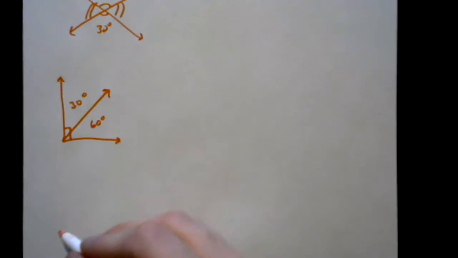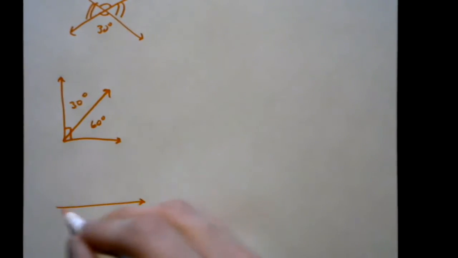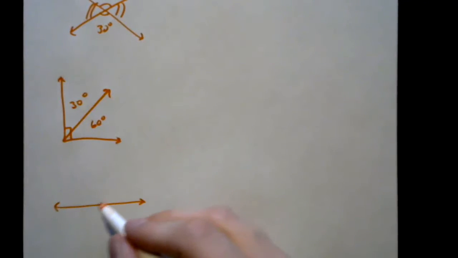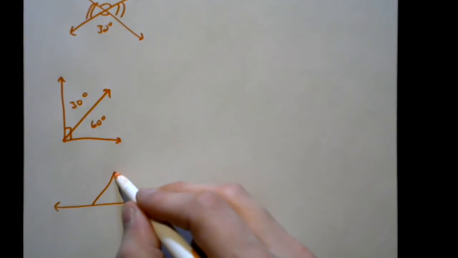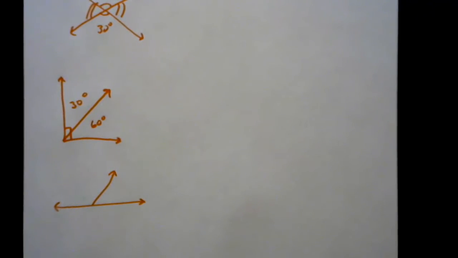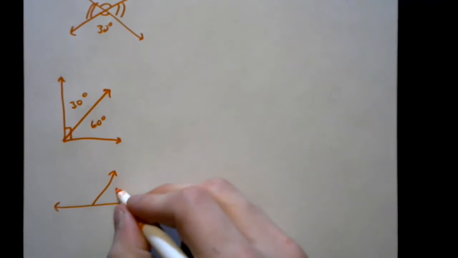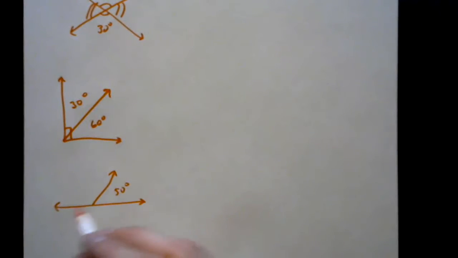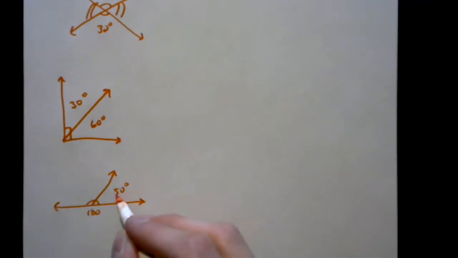And finally, you have your supplementary angle, which is just a straight line, and you have a ray coming off of it. So if you had an angle, let's say 50 degrees here, this has to equal 180. So 180 minus 50 would be 130.